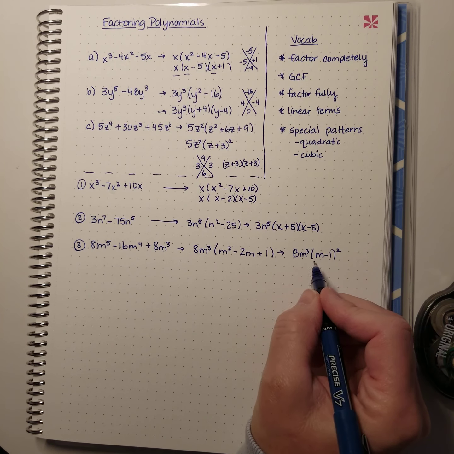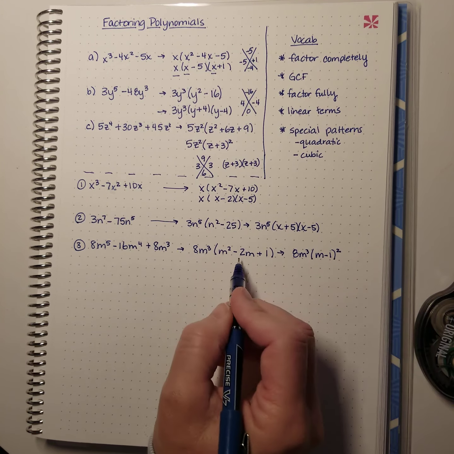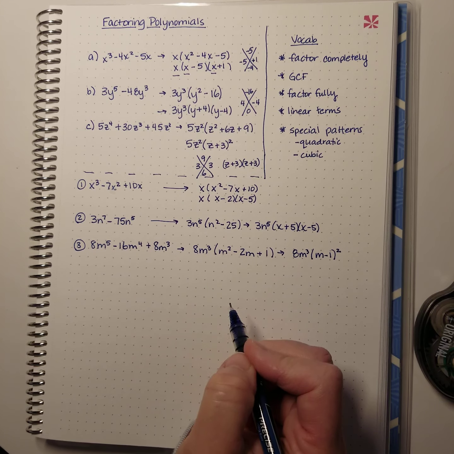This is going to be m minus 1 times m minus 1. So this is where you should land, because you'll get your negative 2m and then your positive 1.